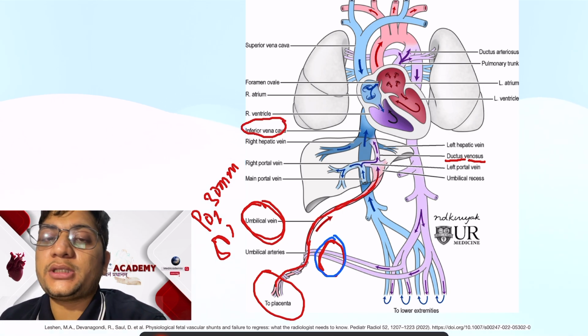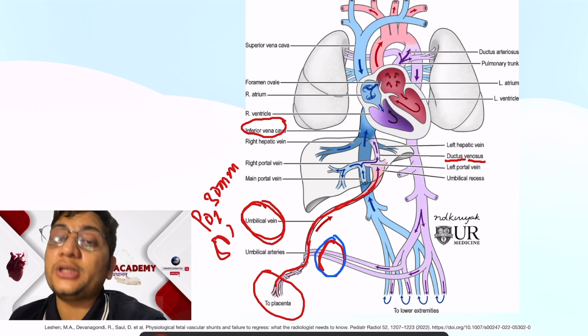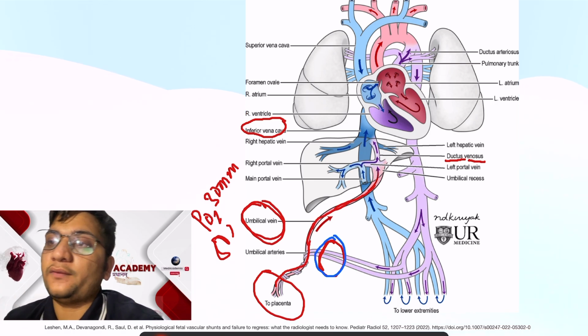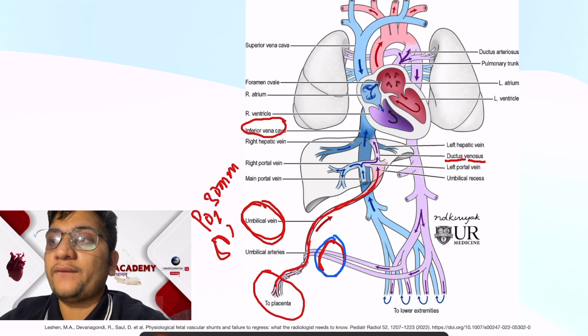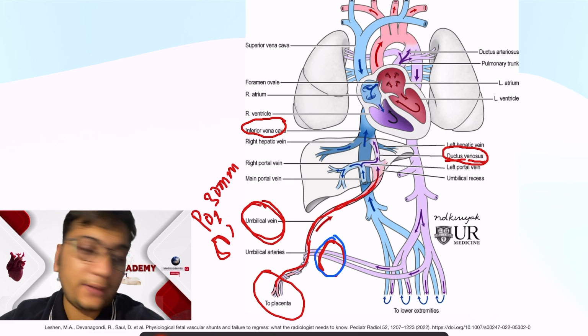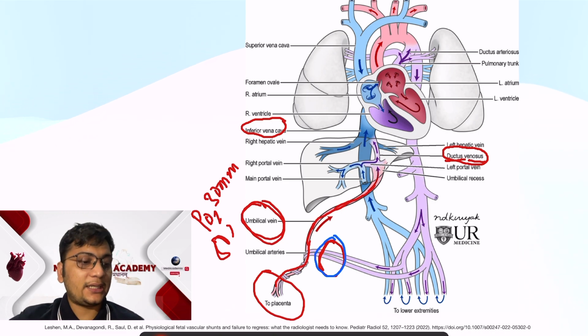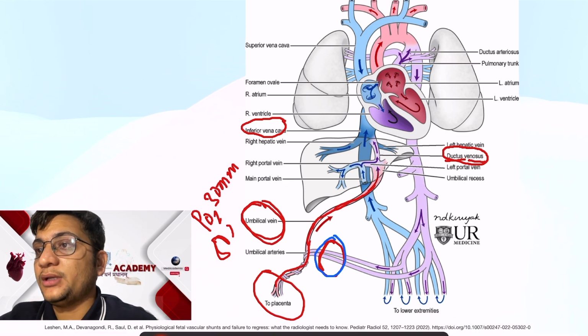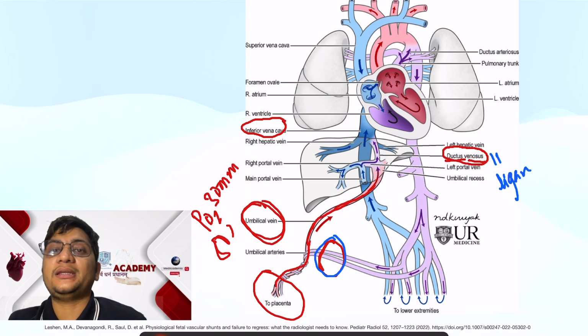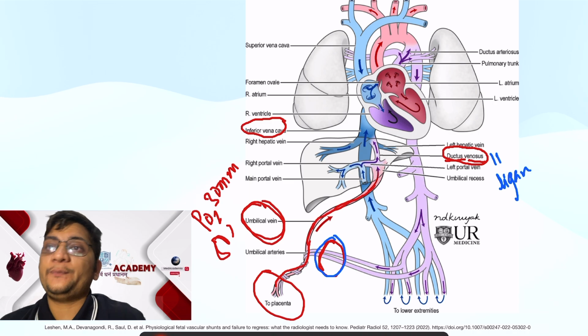So the duct which connects the two veins, the inferior vena cava and the umbilical vein, that is ductus venosus. This later persists as ligamentum venosum in the postnatal life.